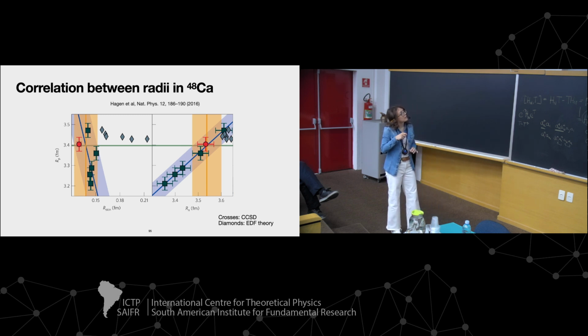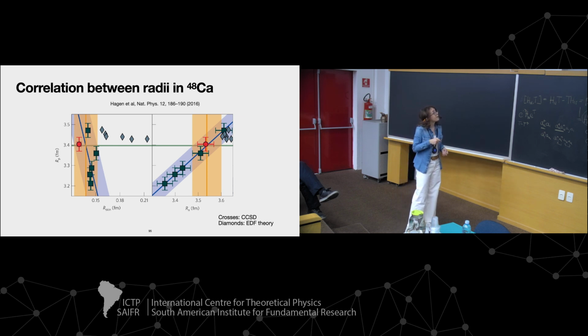In particular, the crosses that you see are coming from ab initio, so they're coming from coupled cluster theory. The diamonds instead are coming from energy density functionals. And we actually see that the correlation coming from ab initio data is preferring lower values of the neutron skin with respect, for example, to what we see from energy density functionals.